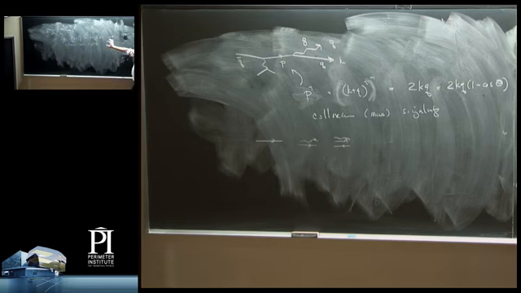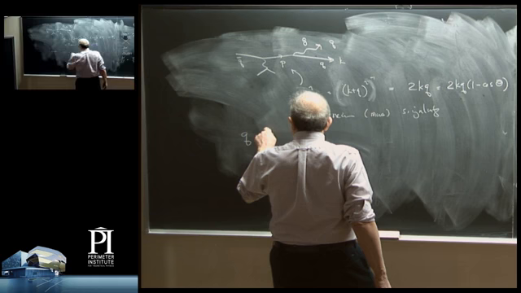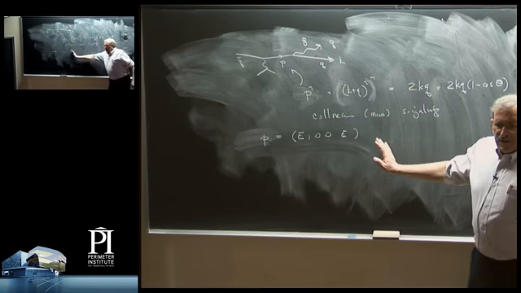This collinear singularity has a very important effect on the development of radiation in QCD, actually also in QED, although in QCD the coupling constant's larger and it's a more dramatic effect. What it means is that if I have a quark going along, there's a very high probability that that quark will share its momentum with a gluon, and then these particles begin to split and share their momenta with other particles in such a way that we can develop very complicated final states of quarks and gluons.